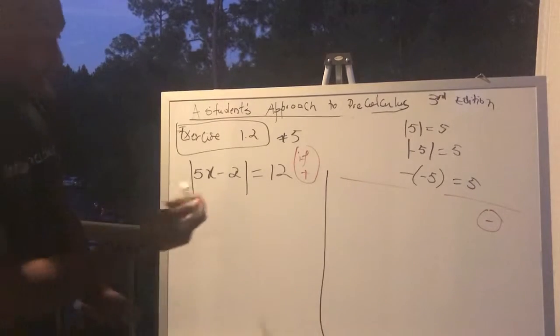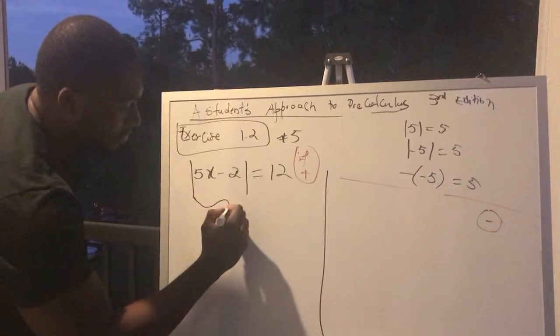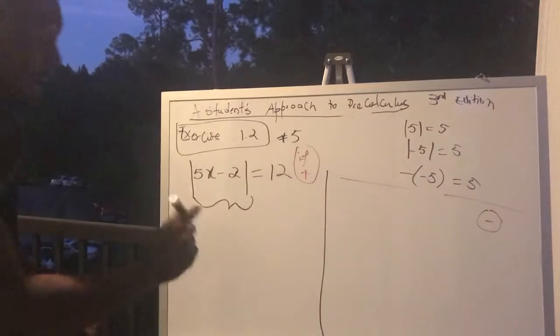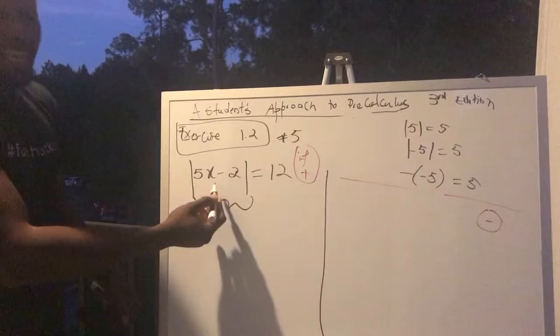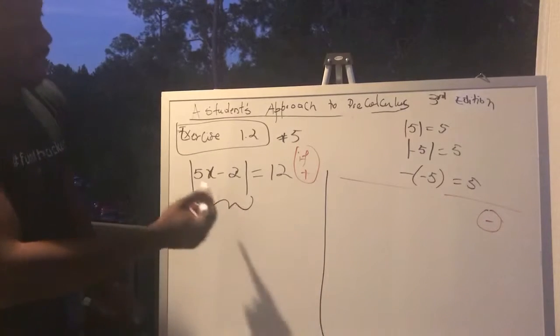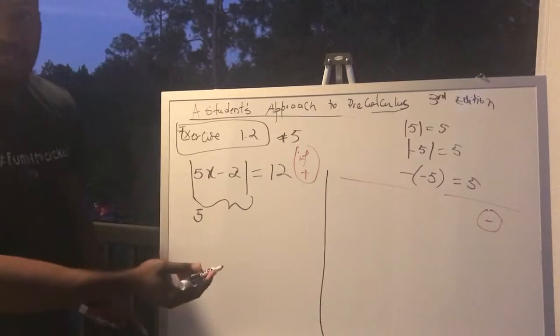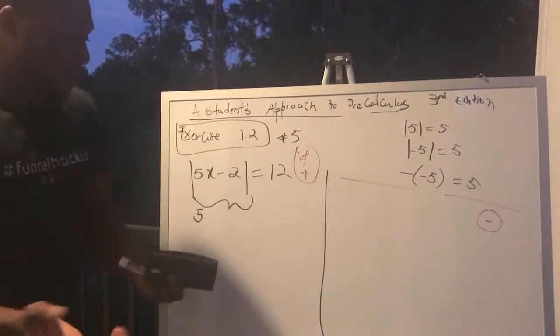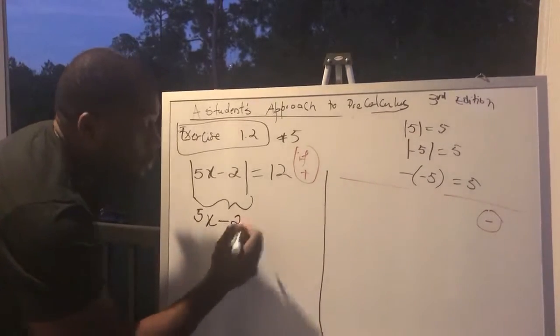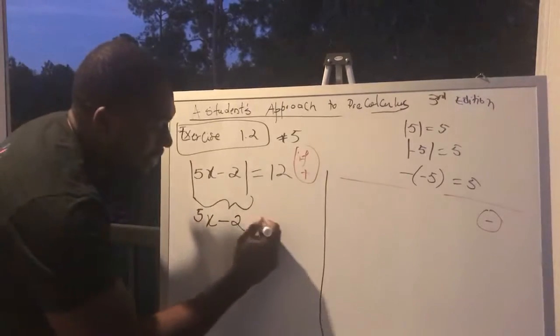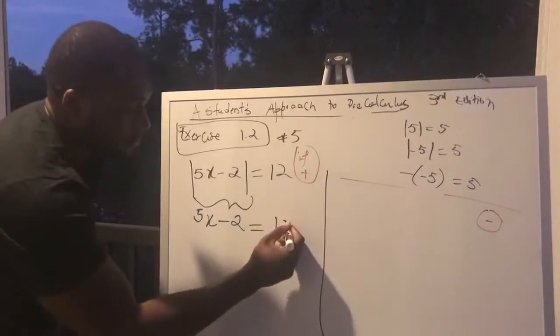So for case 1, how are we going to solve this? If this whole thing is positive, we're going to put it down by itself. For 5x minus 2, we don't know if it's positive or negative because we have an x here. X can be 1,000 and x can also be negative 555, so you don't know what it's going to be. So if this is positive, we bring it down the same way it is: 5x minus 2 is equal to 12.